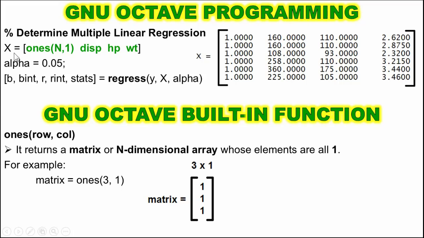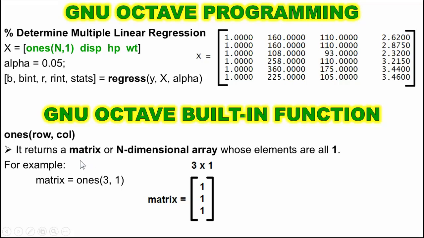The variable X contains a 6 by 4 matrix of values: a column of 1s, a column of cylinder displacement, a column of horsepower, and finally the last column of weight.